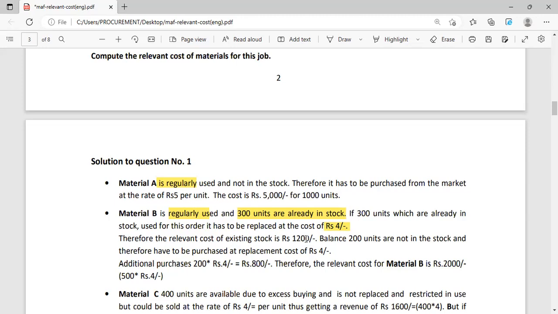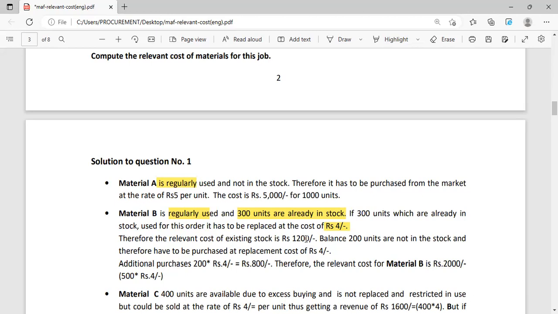How do they get that 2,000? It will be 4 times the balance, because they have 300 already in the store, so they will need to buy the 200 for 4 naira. Then the 300, how much are they going to buy it for? 300 at 4 will give us 1,200.